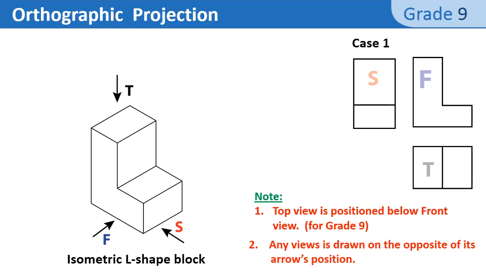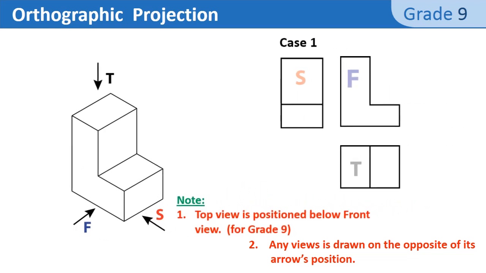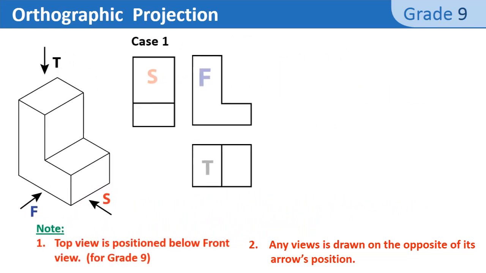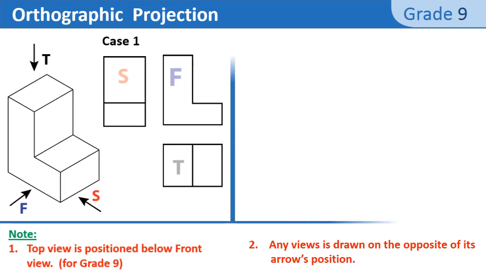In fact, in this example, the front is on the left and the side view is to the right. Now, let us take another example where the front and side view positions will interchange. At the end, we will make a comparison.